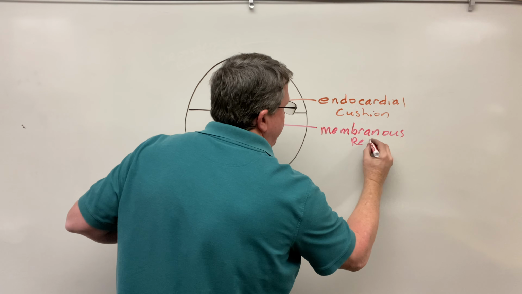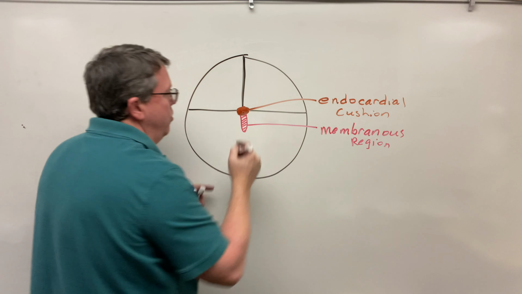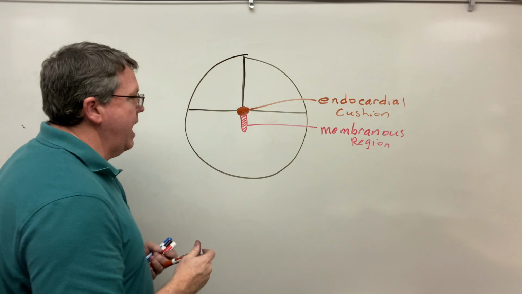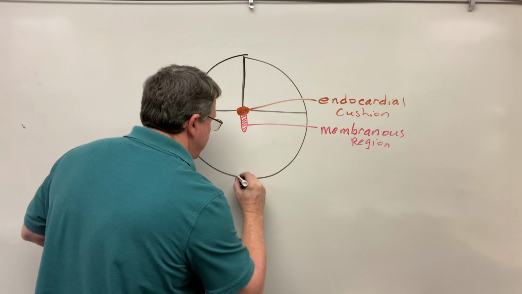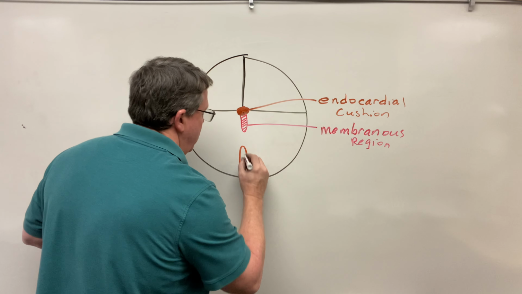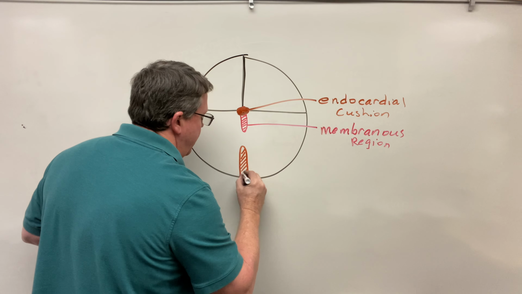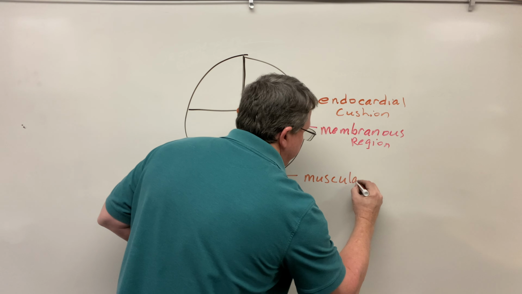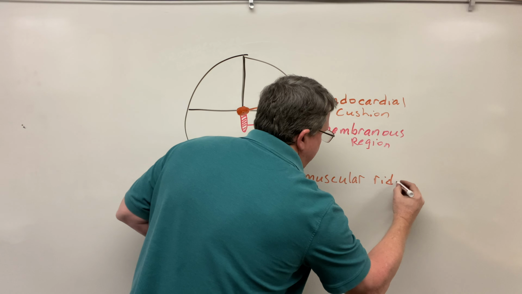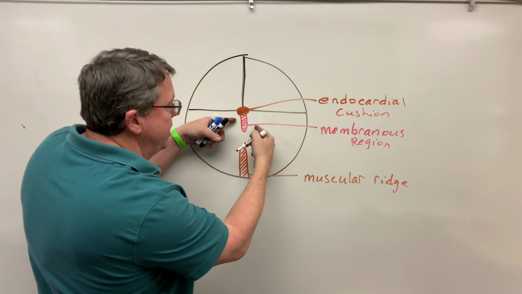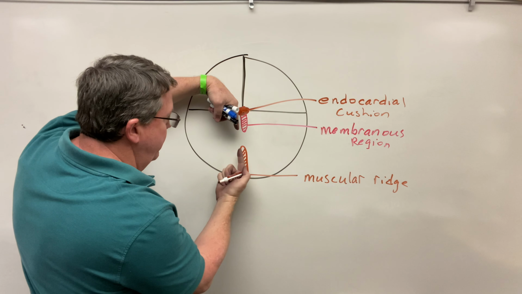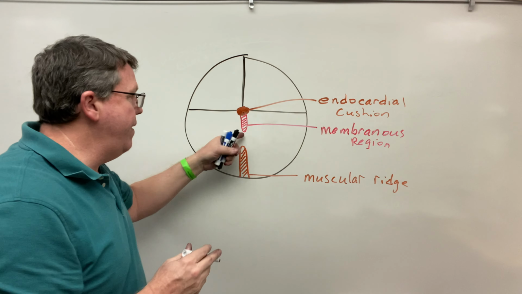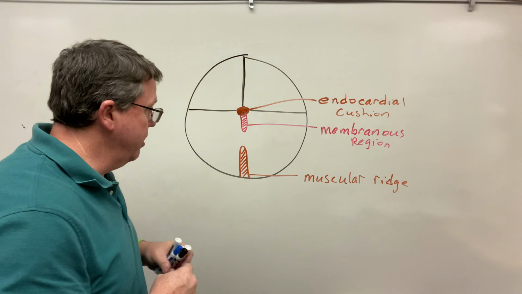The membranous region is going to grow downward. Then we have something called the muscular ridge, which is going to grow upward. So this is my muscular ridge. My membranous region is growing down, my muscular ridge is growing up, and they should meet in the middle and form that ventricular septum, the interventricular septum.